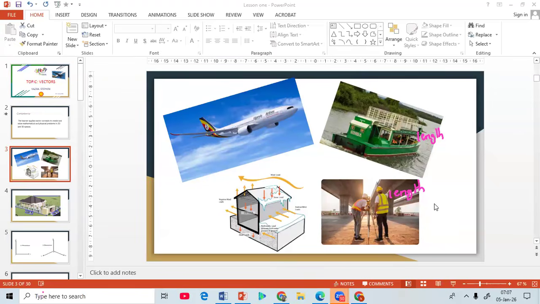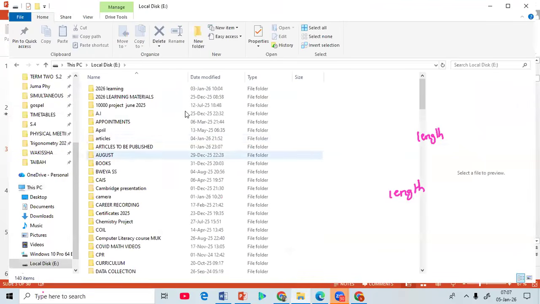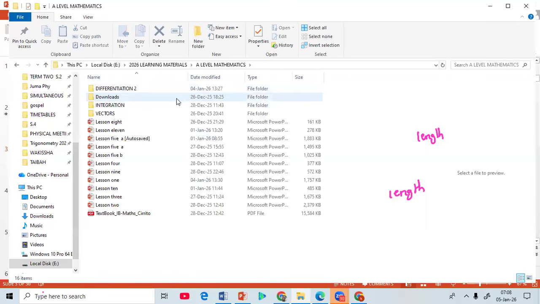Because vectors is a bit lengthy, so far the first 2 parts have about 11 lessons. So I'm thinking if we meet every day, by the time the holiday ends, we shall have covered around 90% of vectors.